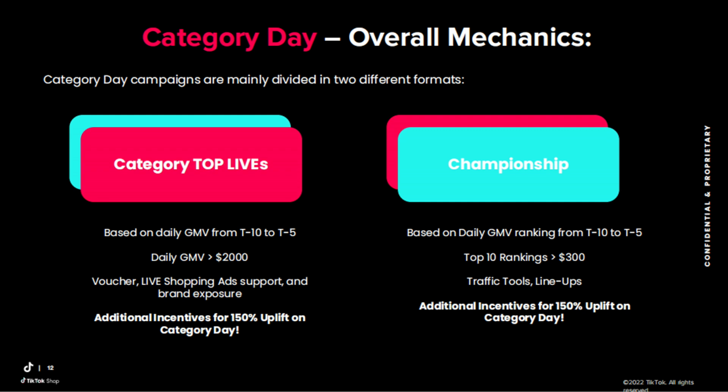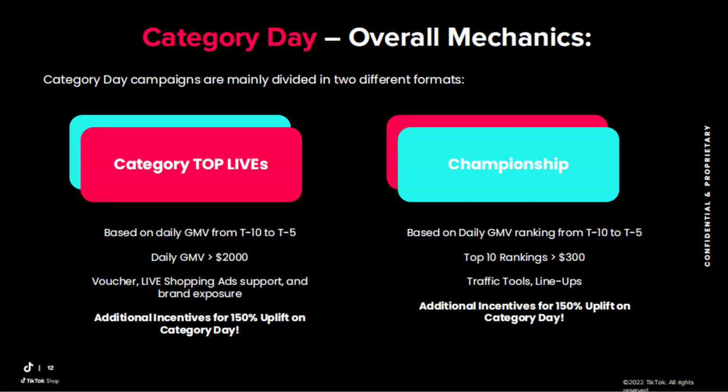If it's over 2,000 USD, you're eligible for the category top lives. And to enter, you have to go live on your category day, right? But we will incentivize you with $500 live shopping ads credits that day, and you'll also be supported with category vouchers as long as you go live. The vouchers will apply to all your category-specific products on that day in your shop.